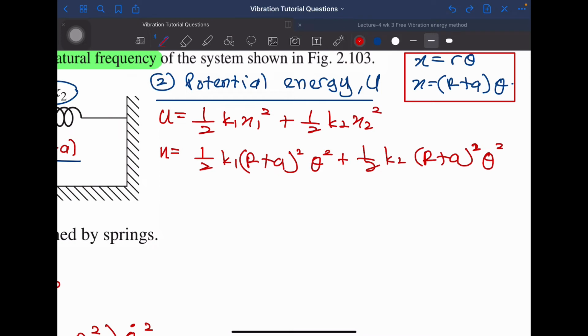X is squared, and then I'm going to factor out whatever is the same in this equation. I'm going to factor out half, I'm going to factor out (r plus a) squared, and I'm going to factor out theta squared.